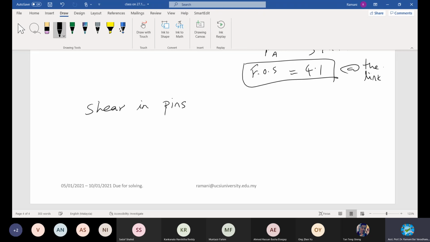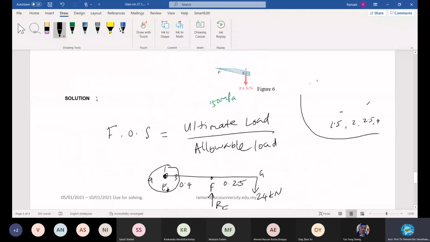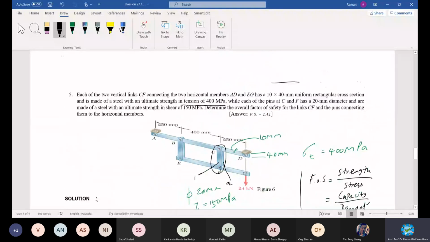Okay, shear in pins can be calculated. What is the value given to you? Shear stress. How much is it? Shear stress is equal to 150.